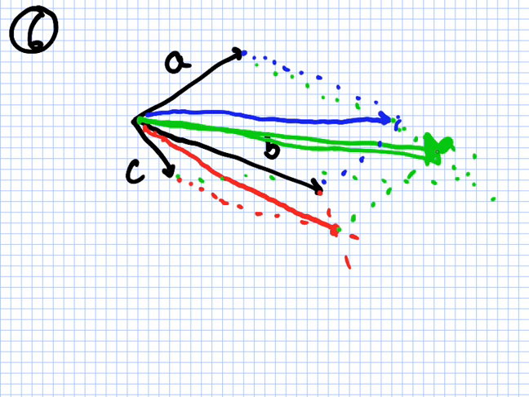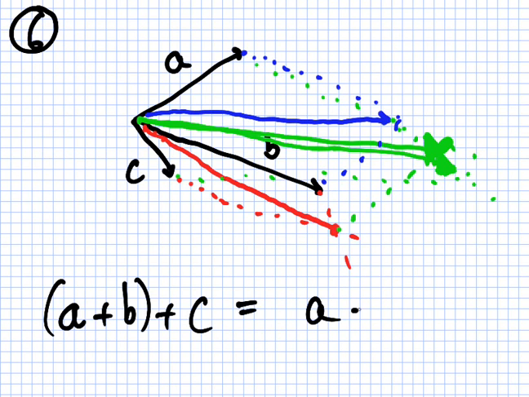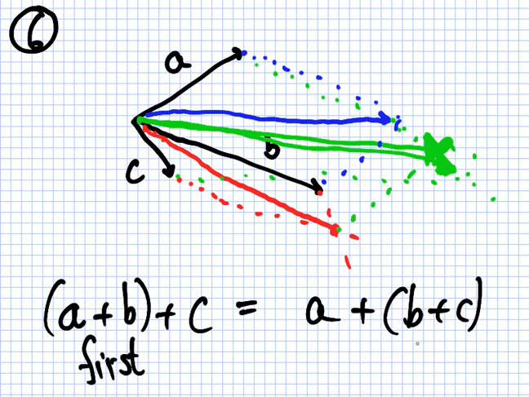It's not quite the same because it's very hard for me to draw. The thing they want you to figure out in the last question is that if you do this first, or if you do this first, you get the same answer. Okay? That's all they want you to learn from this question.